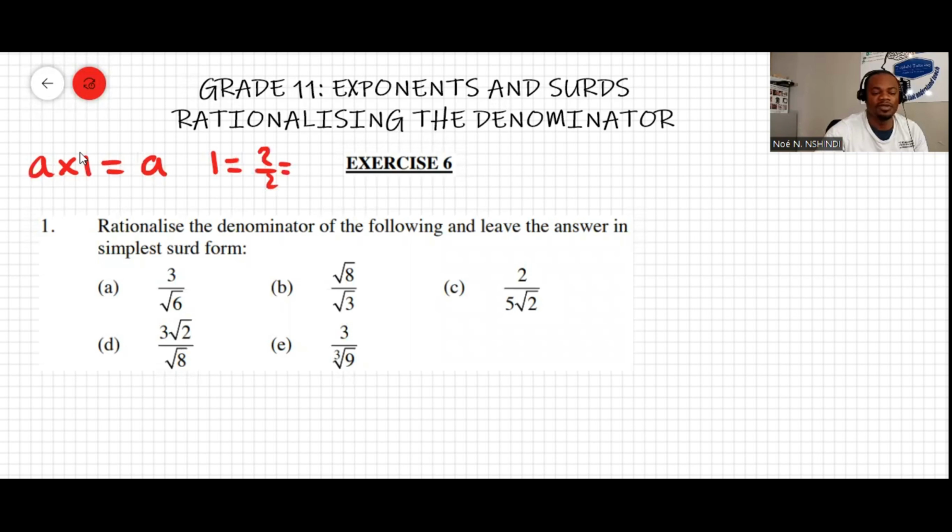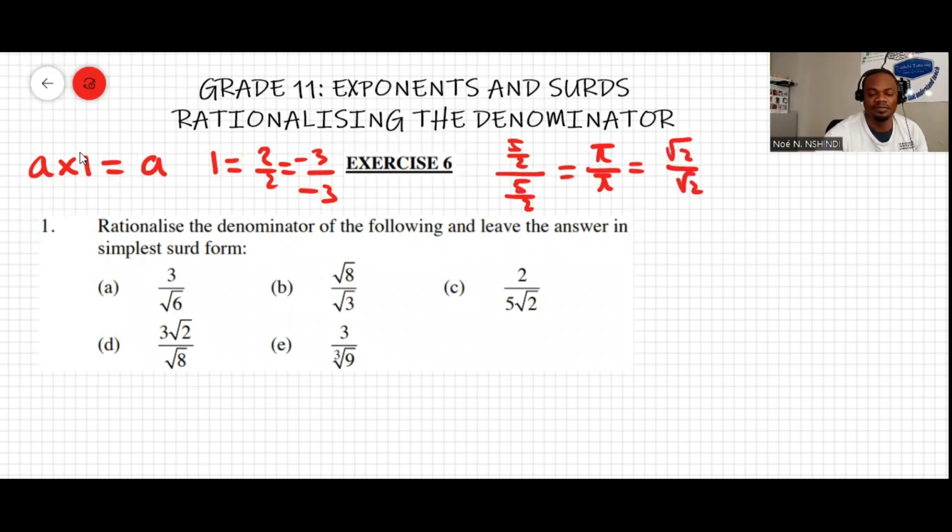It can be -3 over -3. It can be 5 over 2 over 5 over 2. It can be pi over pi. It can be square root of 2 over square root of 2. All this is just equal to 1.